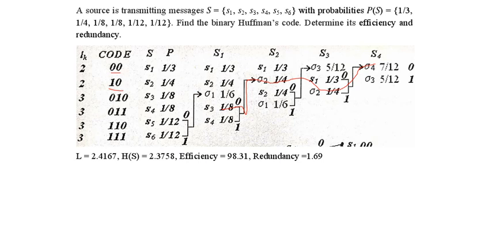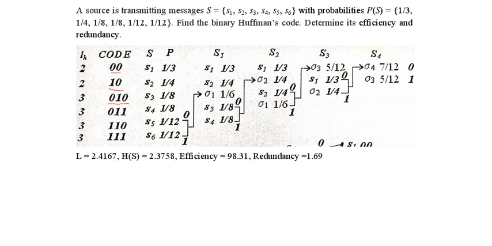So 0 1 0. So 0 1 0 is the code word for S3. And S4, S4 is 1/8.